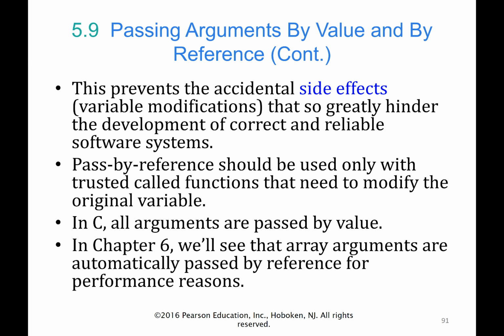Pass by reference should only be used with trusted functions that need to change the variable. All arguments are passed by value, but once we get into arrays, those are always passed by reference. And again, we're passing by reference with scanf.